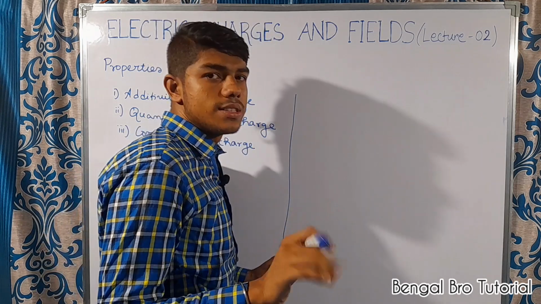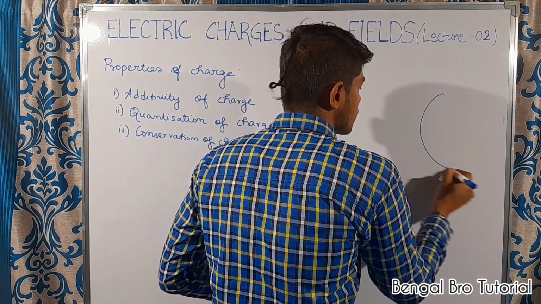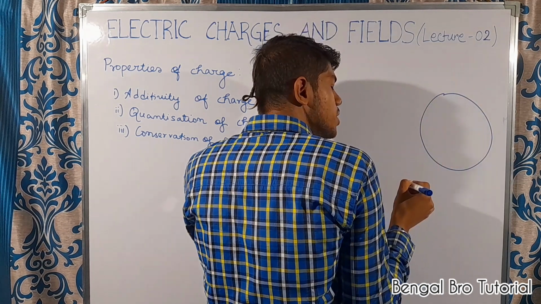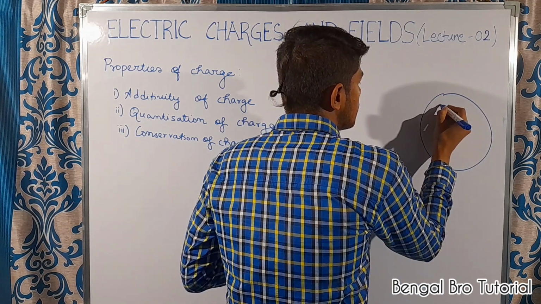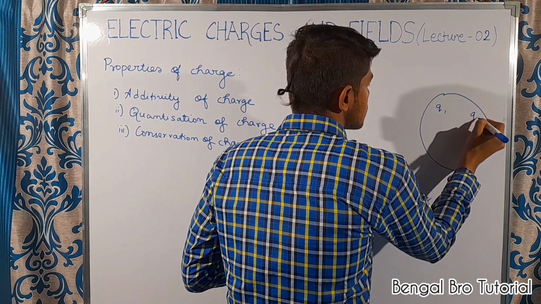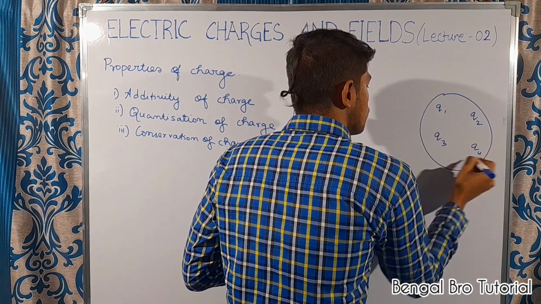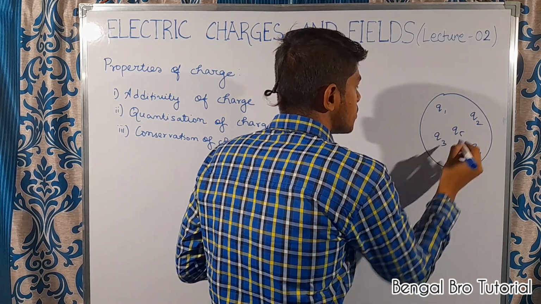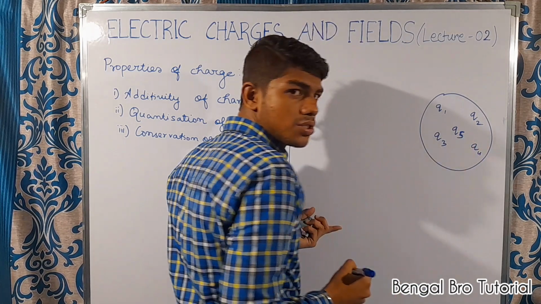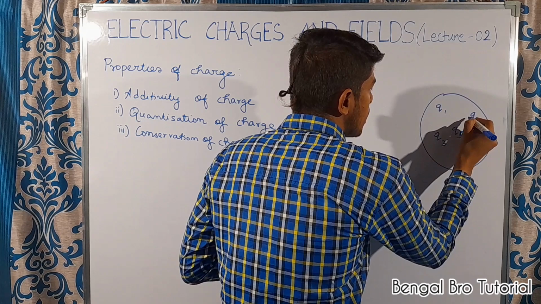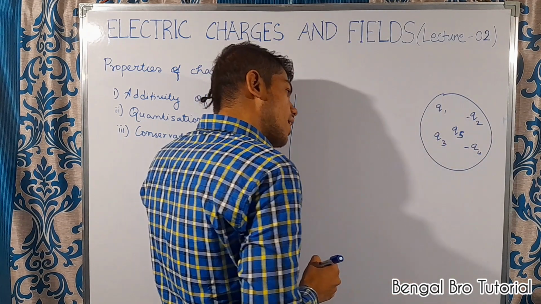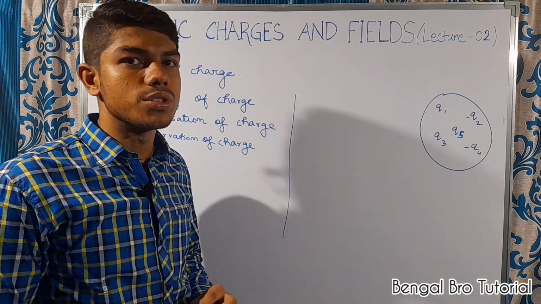For example, say you have a body in which there are 5 charged particles, Q1, Q2, Q3, Q4 and Q5, out of which 2 charged particles are negative and 3 are positive.